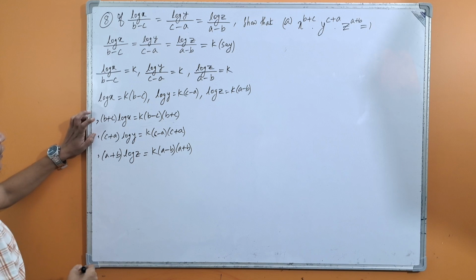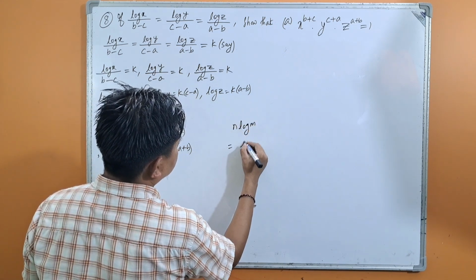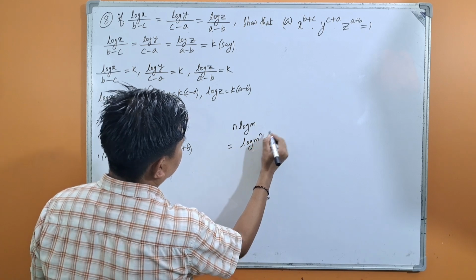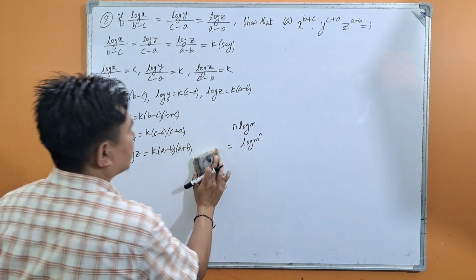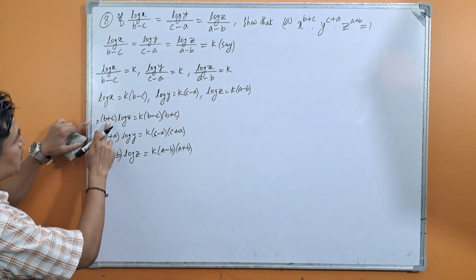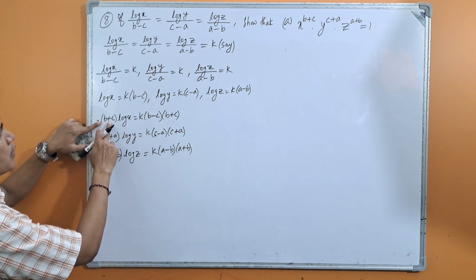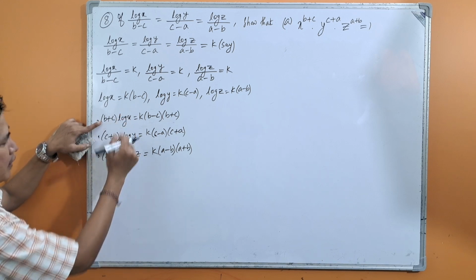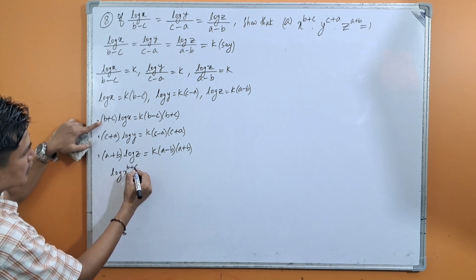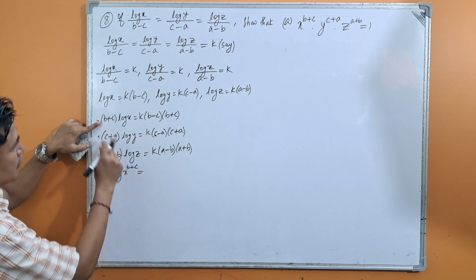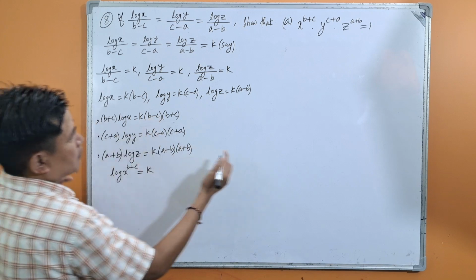Now if we have n log m, we can write this as log m to the power n, isn't it? The number before log will go as power. So we do the same thing here. B plus c log x means log x to the power b plus c. This b plus c will go as the power of x. Log x to the power b plus c equal to k into, we apply the formula here.